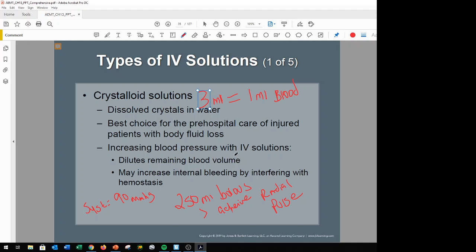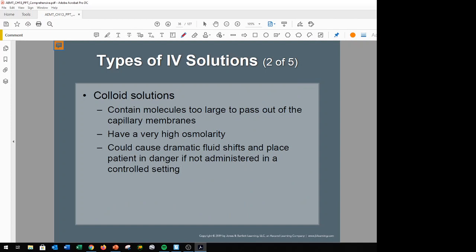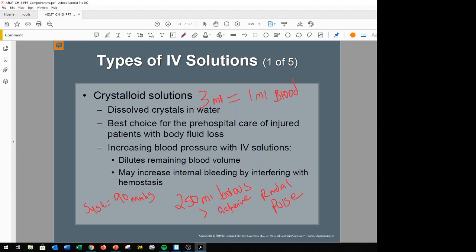We just need a radial pulse. That's all we need.